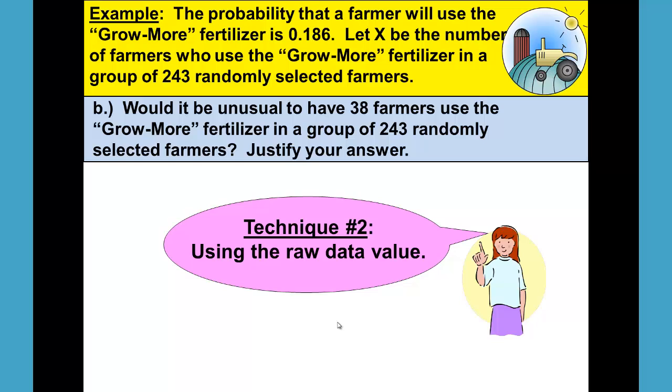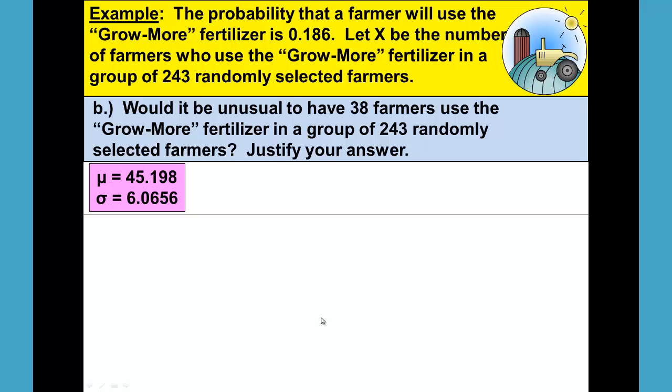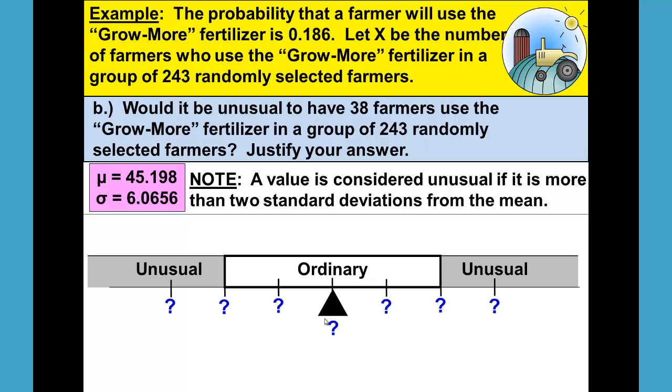Let's use technique number 2 using the raw data value. In this case, we have our mean and our standard deviation, and again, a value is considered unusual if it's more than 2 standard deviations away from the mean. Let's draw a number line, placing the mean in the center.